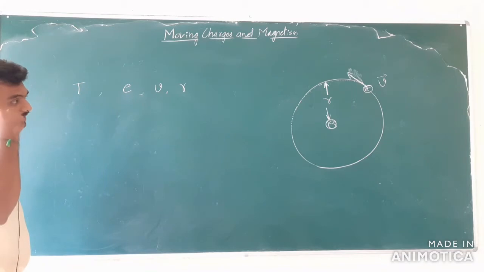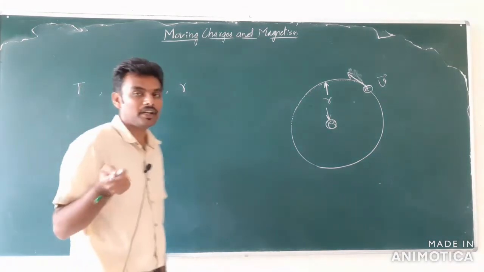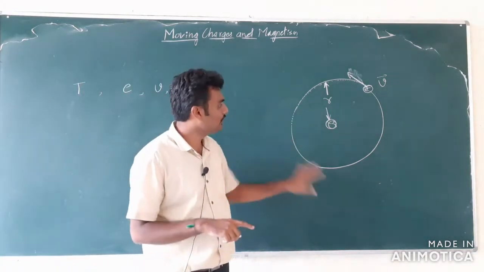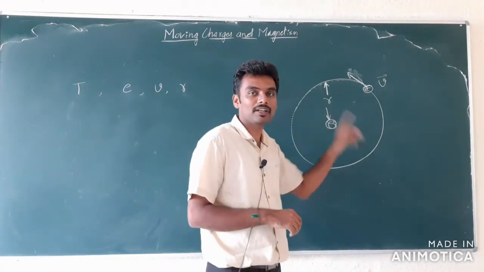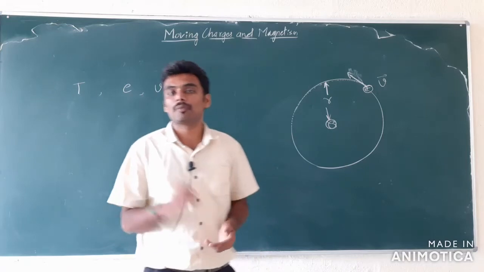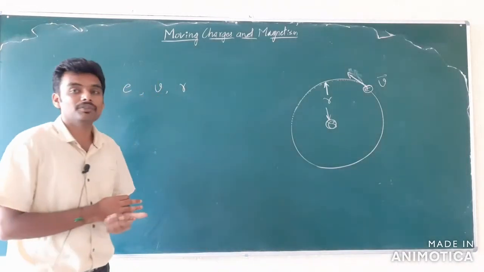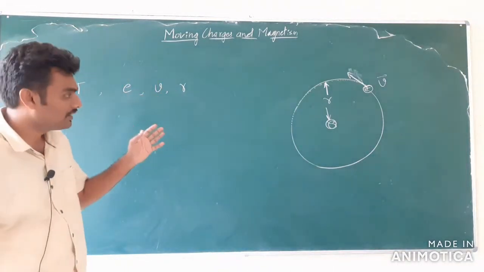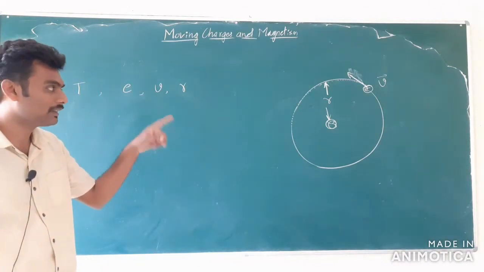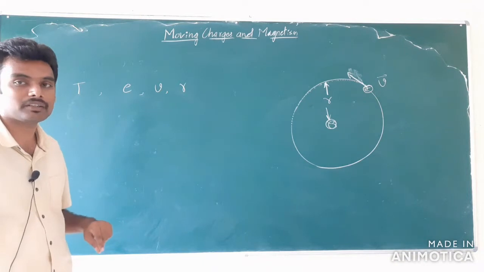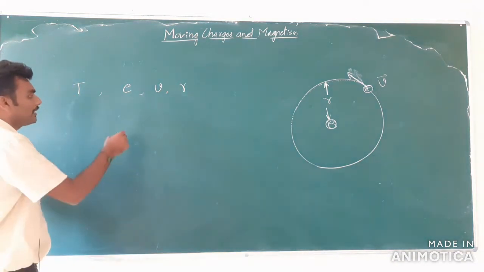Now, the expression for M is I into A. Area of the loop, yes, it is easy to take pi r squared because it is a circular path. What about I, current? If you can remember properly, we have actually solved a problem like this and obtained the expression for current. Let me write that.